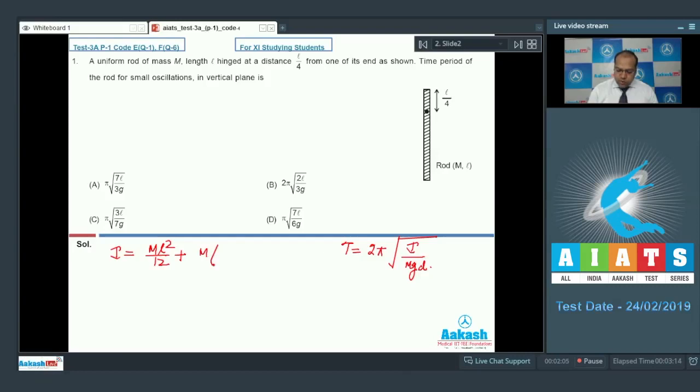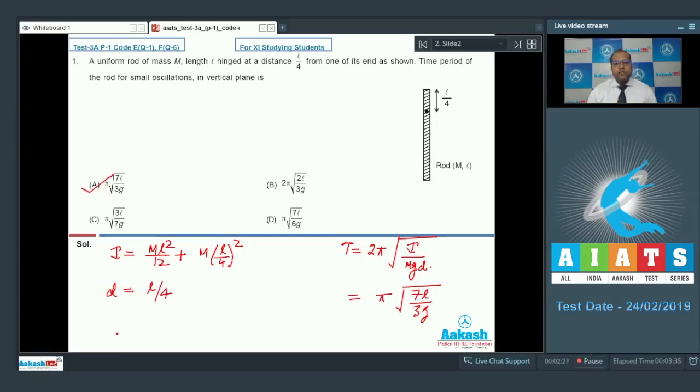The value of d from the center of mass to the point of oscillation is L by 4. If I substitute this data, this comes out to be pi into under root of 7L by 3g. So option A is the correct answer.